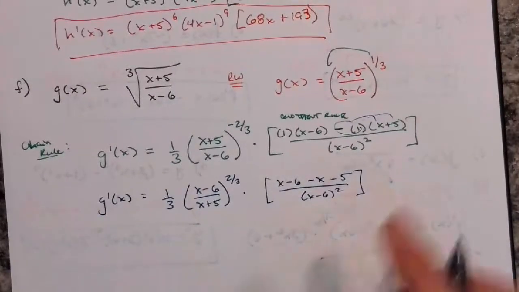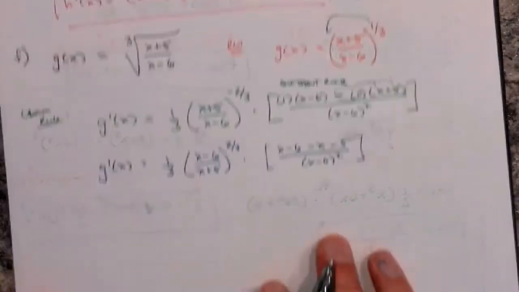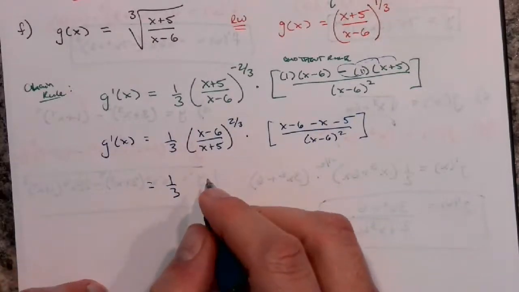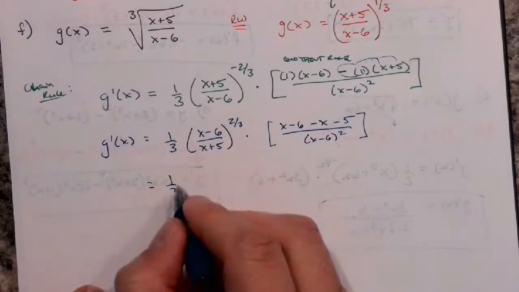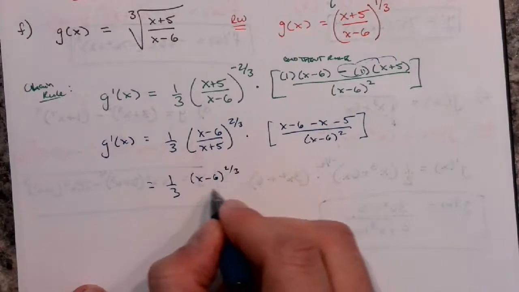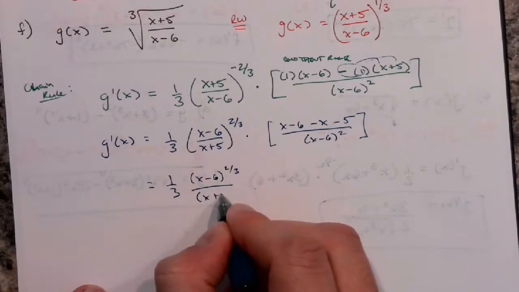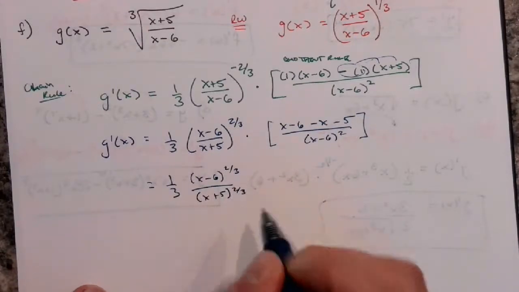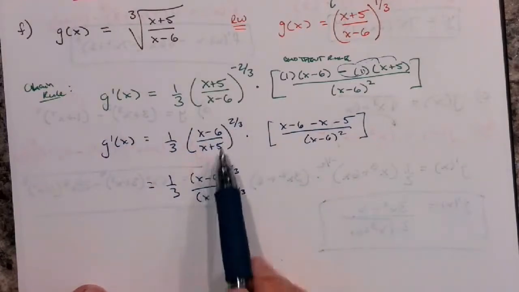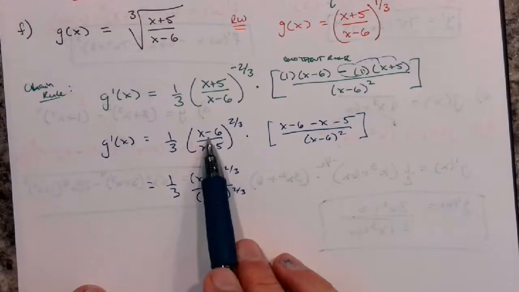And we'll simplify this to 1/3 times, maybe I'll show it on each one individually, x minus 6 to the 2/3 over x plus 5 to the 2/3. Just have an understanding that when you have a fraction, if you have a factor in the numerator and a factor in the denominator, you can bring the power in that way.